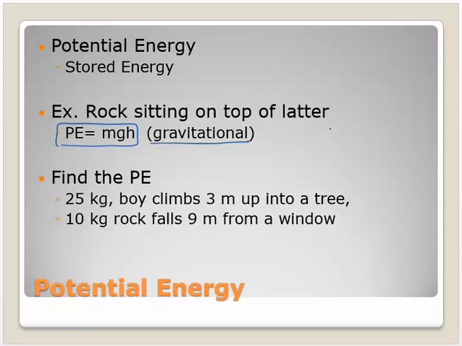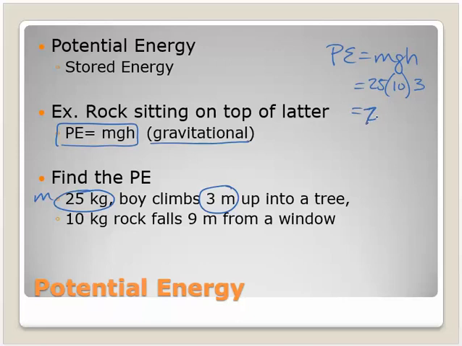So as we look at our examples, potential energy equals mgh. In my first example, the mass is 25 kilograms. G is easy, I know that to be 10, and the height is 3 meters. Well, when I figure that out, that turns out to be 750 joules.